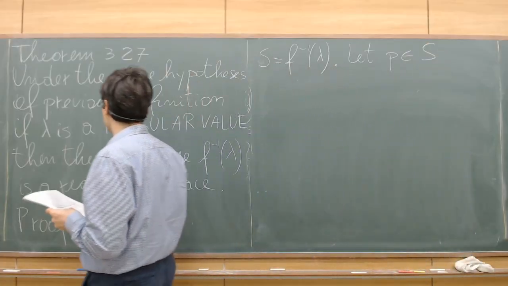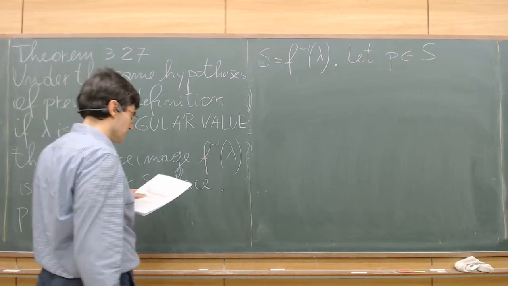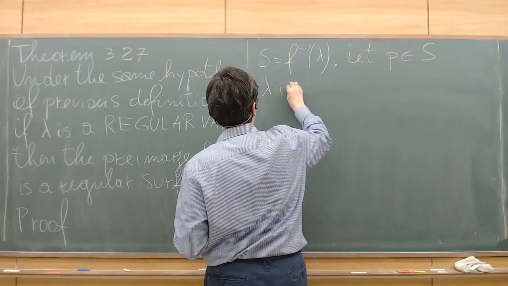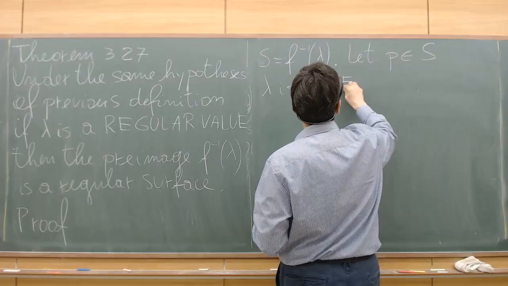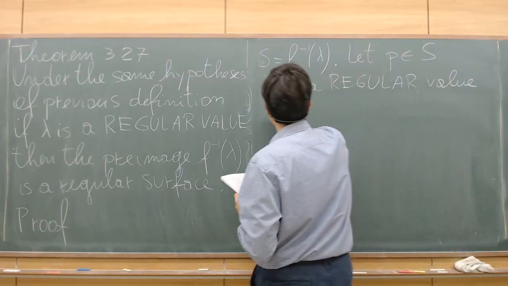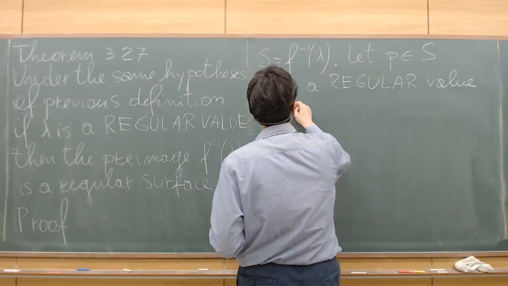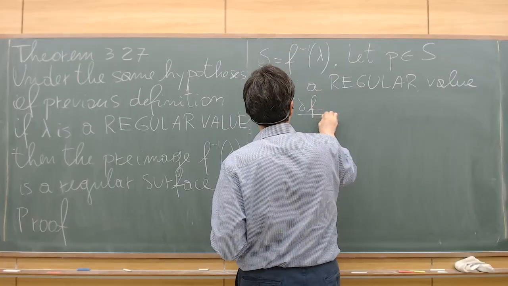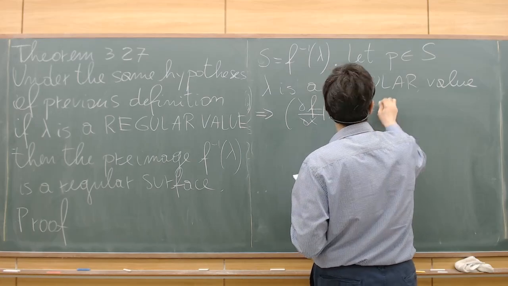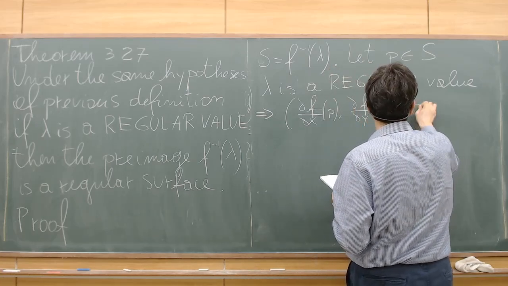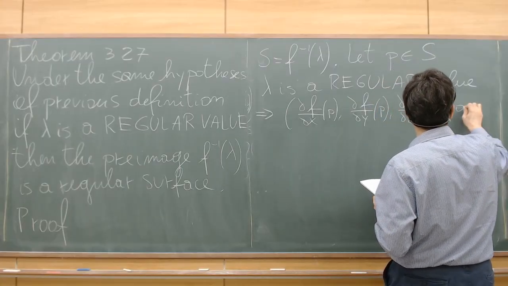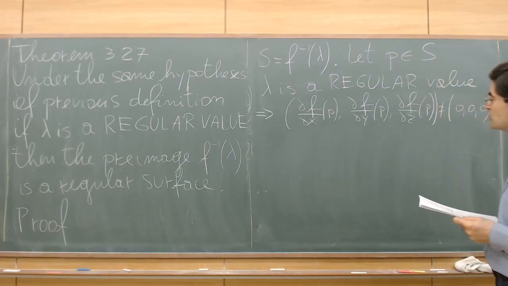By hypothesis, lambda is a regular value, so the gradient of F is non-zero, so df/dx at P, df/dy at P, df/dz at P, this is non-zero.